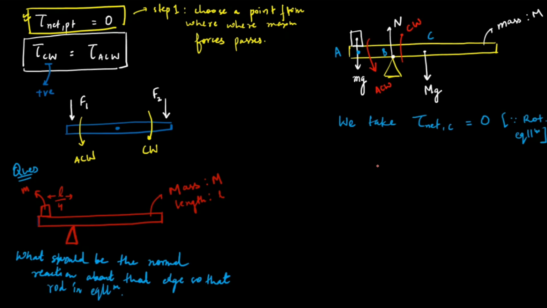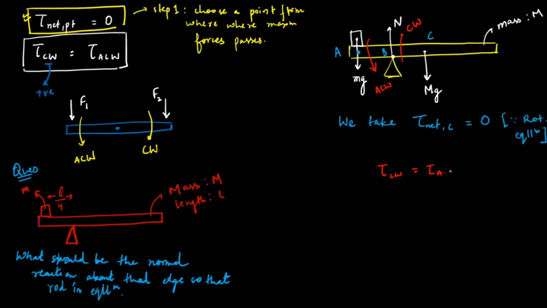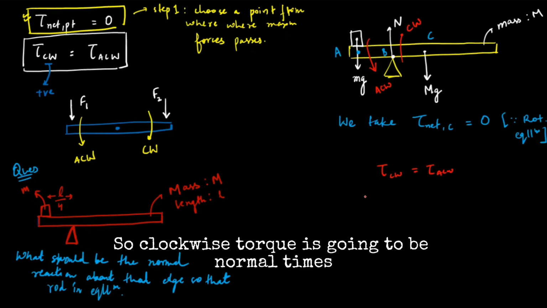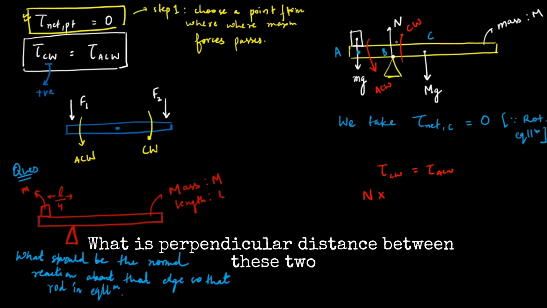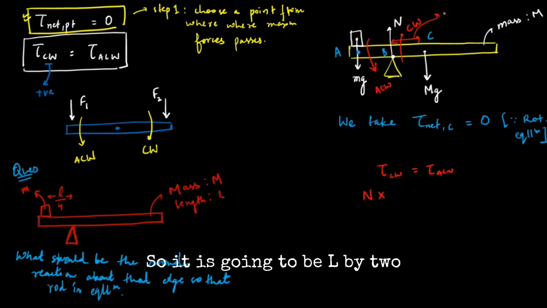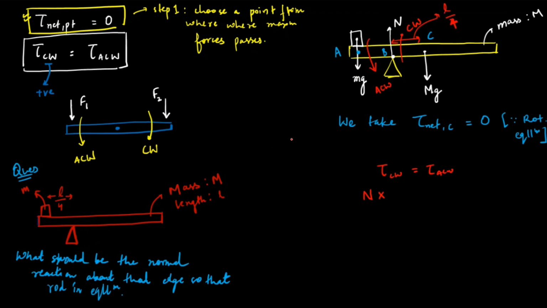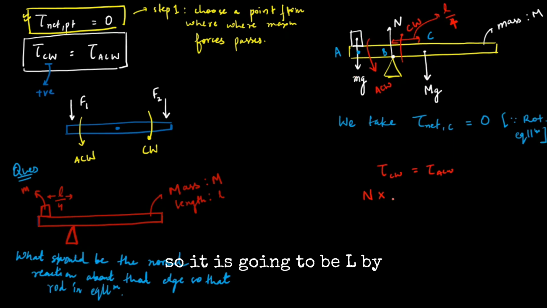The torque clockwise must equal the torque anti-clockwise. Clockwise torque is going to be normal force times perpendicular distance. What is the perpendicular distance about point C? It is going to be L by 2. Sorry, L by 4, right? Yes, sir, because it acts from the center of mass of the given rod. So it is going to be L by 4.